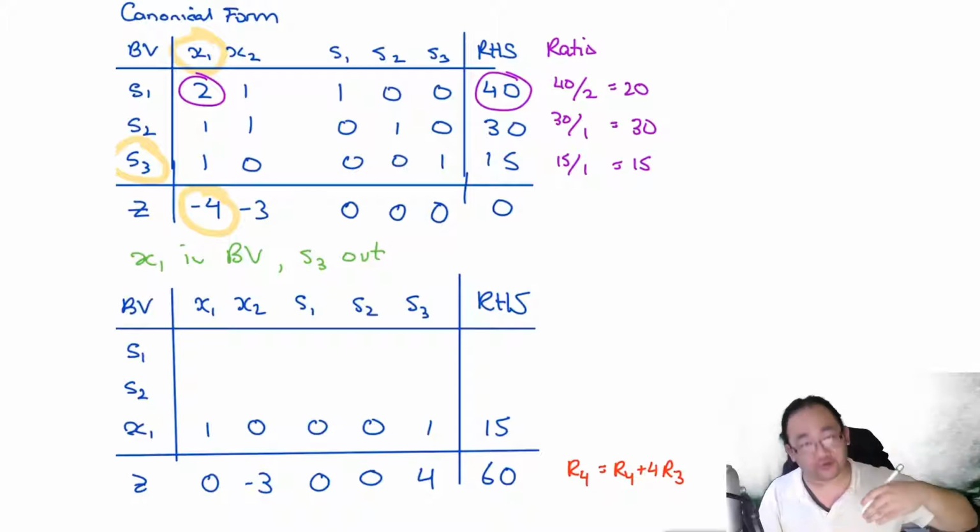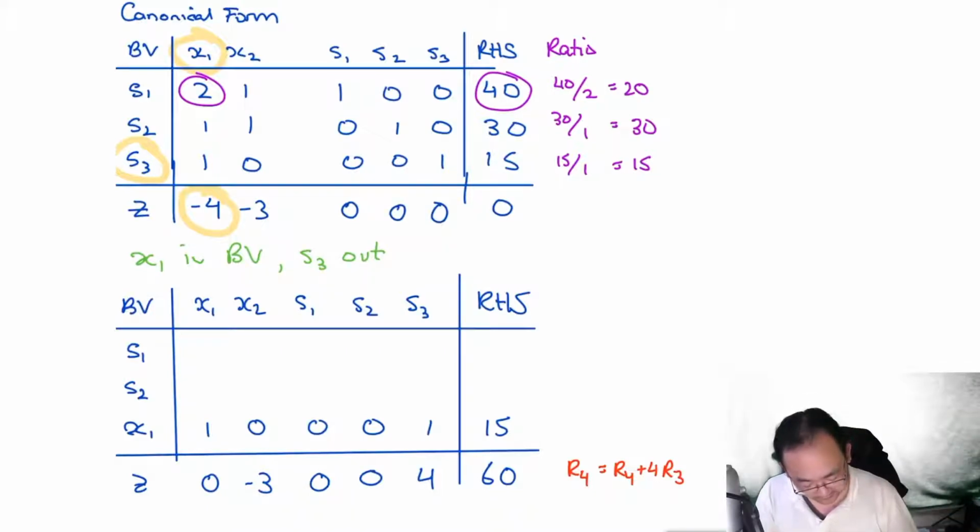Now we need to subtract from the other rows. So let's do that again. Row 2 is equal to row 2 minus row 3. So this one minus 1 is going to be 0 up here.